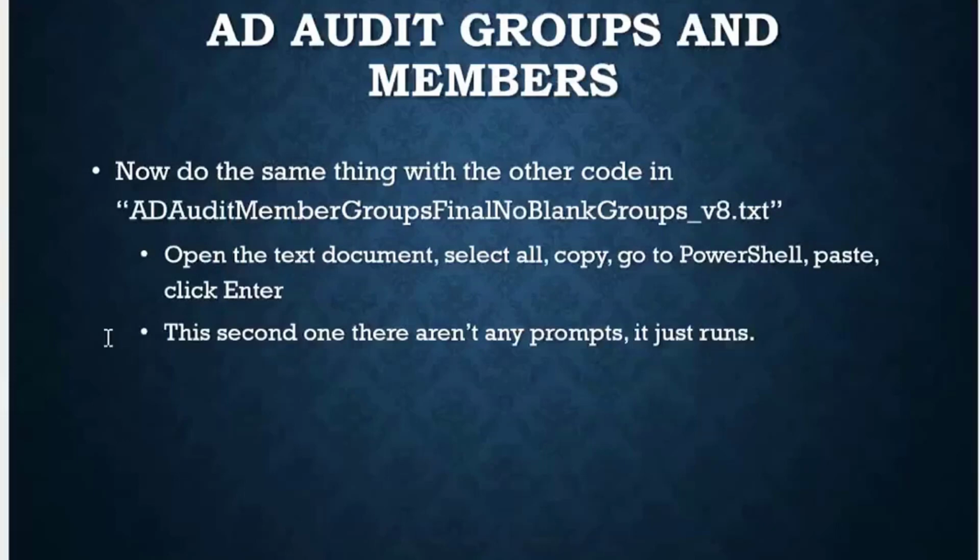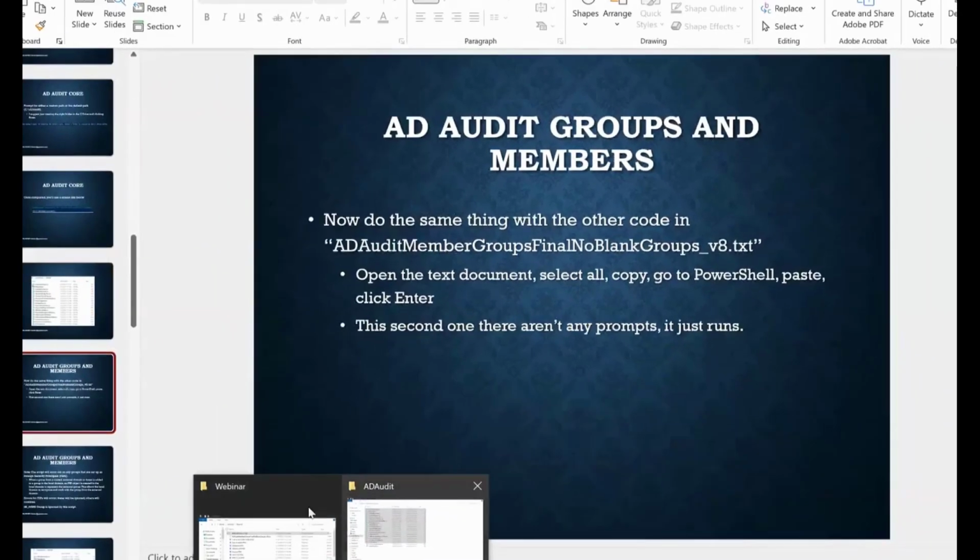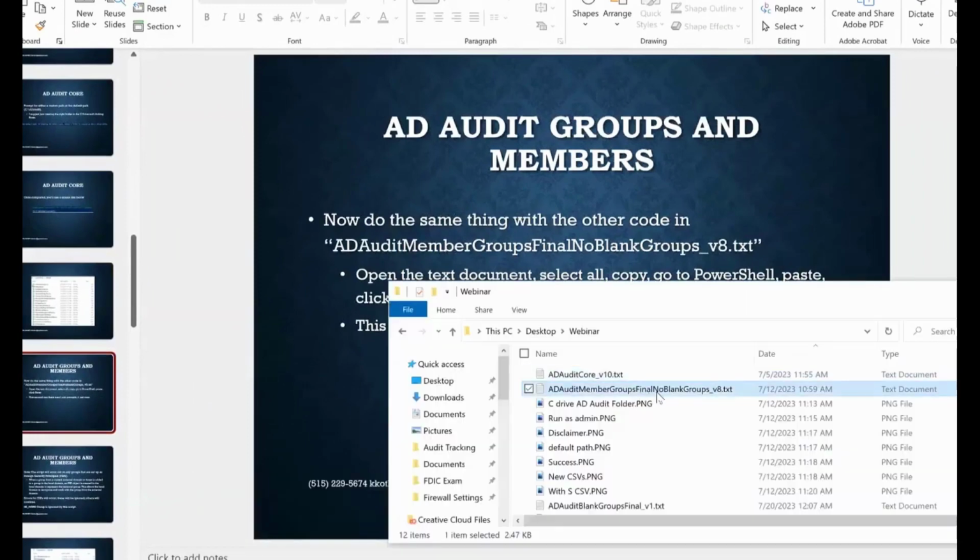So the next script is called AD Audit Member Groups Final No Blank Groups_v8.txt. That one is essentially something you should be going through once a quarter. It lists out all the different groups that you have in AD and who is a member of each group.